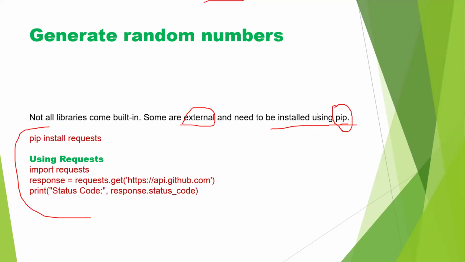So what is a package manager? This one will help you manage your packages, install your packages, or install any requirements that you need on top of your language. So let's say we have Python and we want to install something on top of Python that we already have. We have to use a package manager that will help me install that external package and make it compatible with our normal Python.